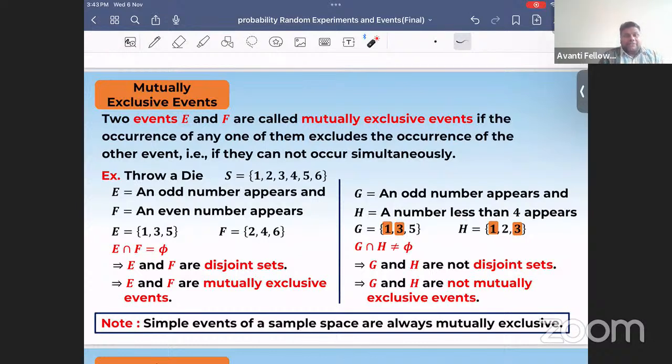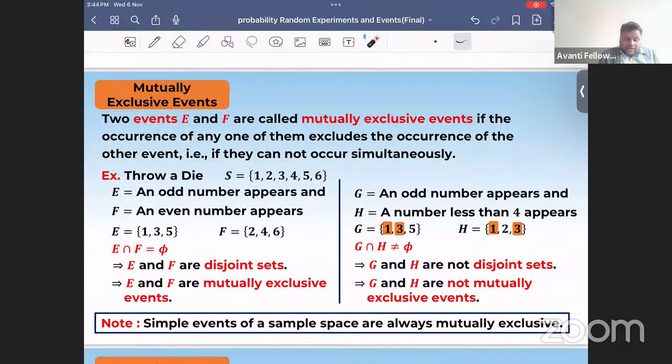Two events E and F are called mutually exclusive events if the occurrence of any one of them excludes the occurrence of the other event, that is, if they cannot occur simultaneously. Like if you toss a coin and you get a head, then it won't let the tail appear. And if you get a tail, it won't let the head appear.